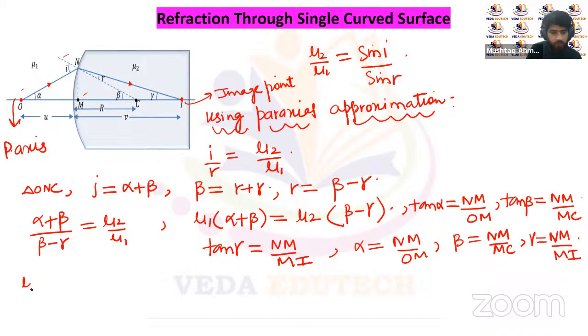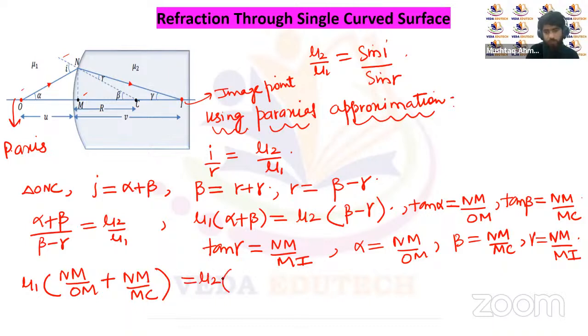So finally we have mu1 times alpha. Alpha is NM upon OM plus beta, that is NM upon MC, and that's equal to mu2 times beta, that's NM upon MC, minus gamma. Gamma is NM upon MI.